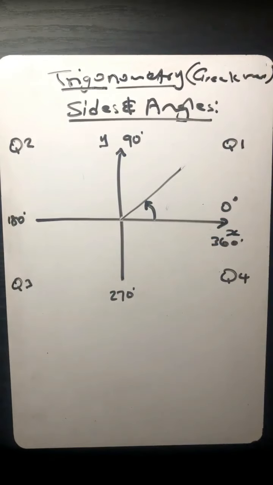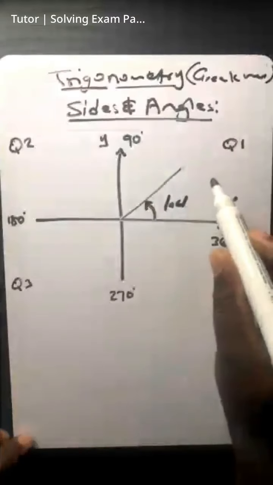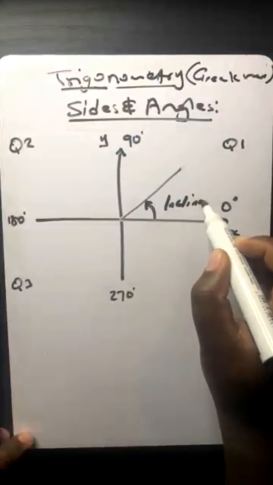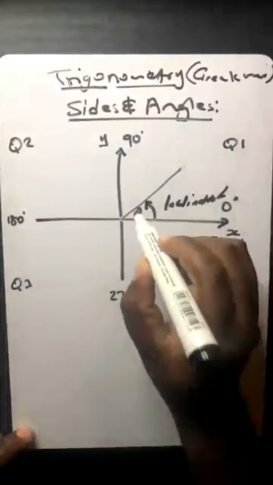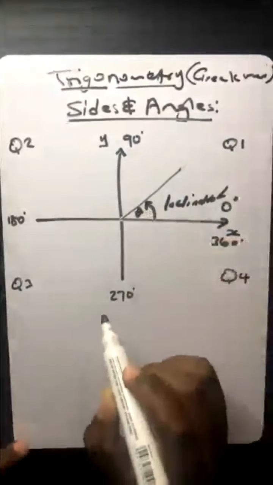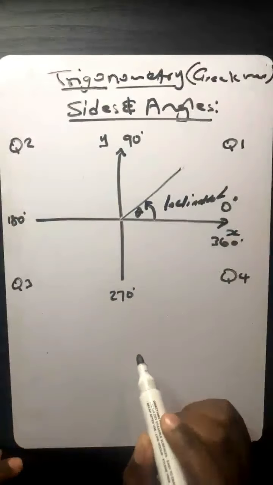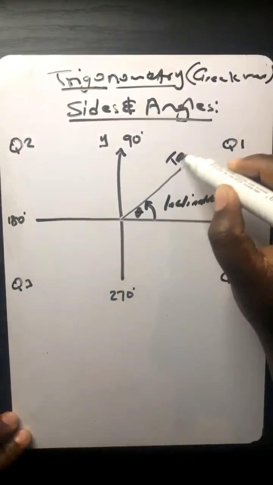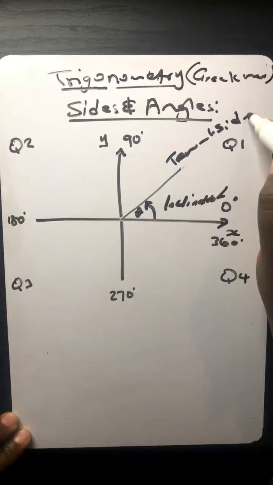Remember, LB, what I'm doing now is just taking you through an introduction, so you don't need to stick everything to your mind. The inclination angle could be called theta, beta, alpha, or they can use any letter to represent that angle. I said this one is called the terminal side.